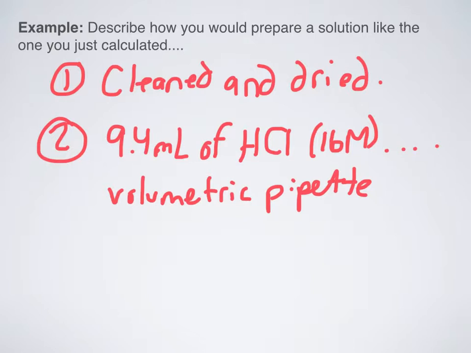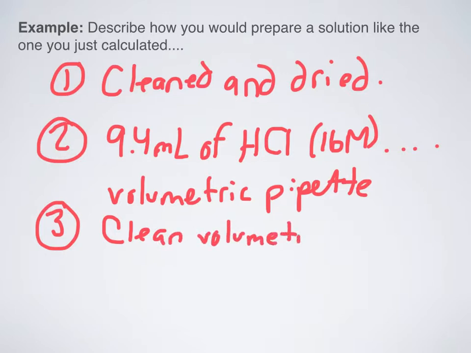Next up, after that, you want to make sure that you have a nice, clean volumetric flask. And so that volumetric flask is going to have an amount of exactly 1.5 liters.